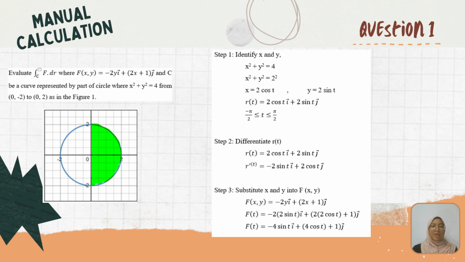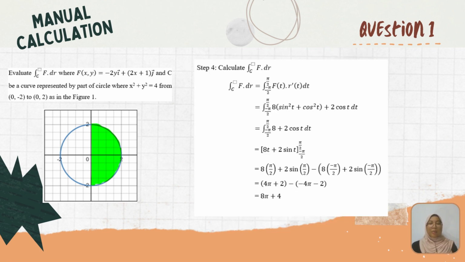Then we differentiate r(t), which is negative 2 sin t i plus 2 cos t j. After that, we substitute x and y into F(x,y). Lastly, we do the dot product of F with r prime of t and we integrate. The answer is 8 pi plus 4.